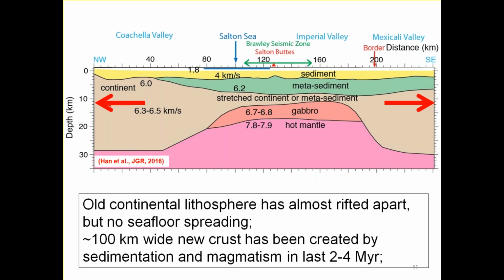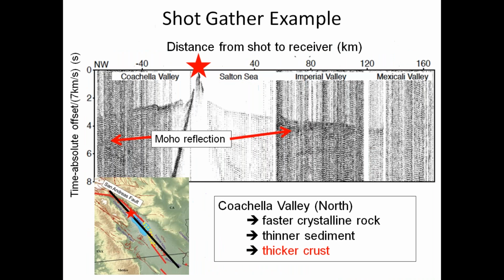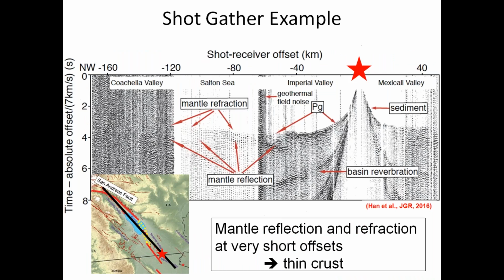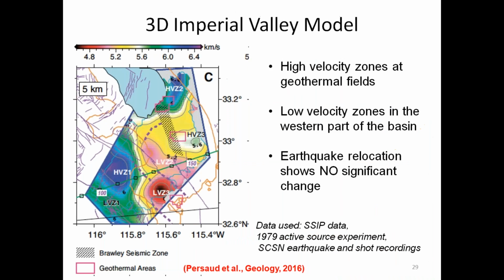Question here about differences with the UCVM SCEC model latest version. I'm not sure if you could say anything on that. Do you mean these slides? Southern California velocity model.